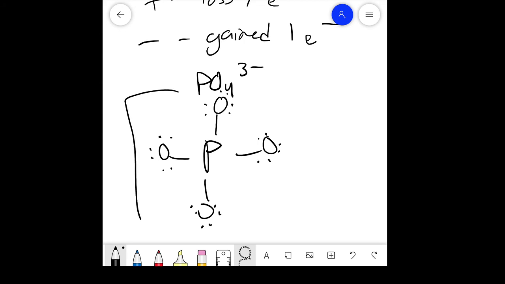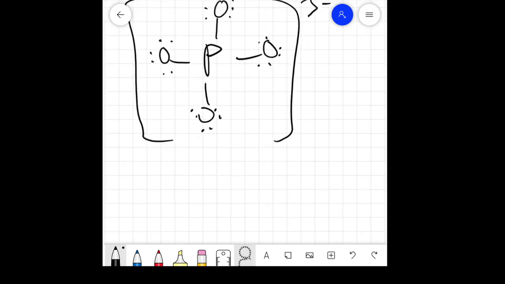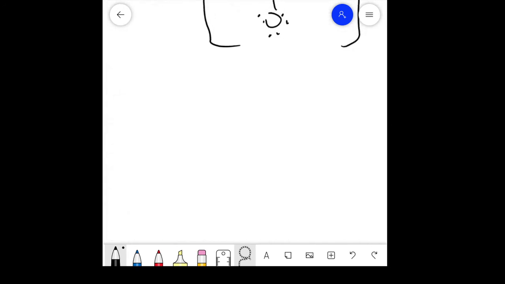You need to put brackets around it and put the charge outside. That way people know, because if you didn't do that, you would have 3 extra electrons floating around that aren't available. But this shows you that you have those. So for any ion, you need to put the brackets and the charge.